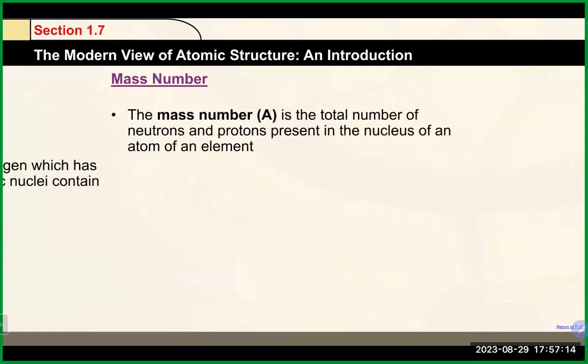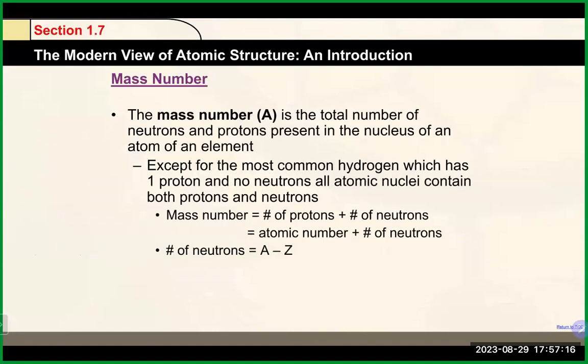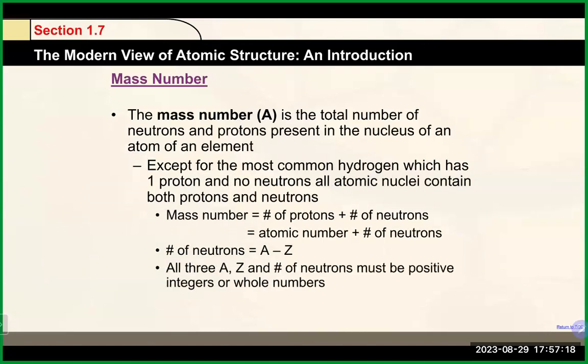Another important number is the mass number, which is the number of protons and the number of neutrons that you find in an atom. It is sometimes abbreviated as A. So the mass number is the number of protons plus the number of neutrons.